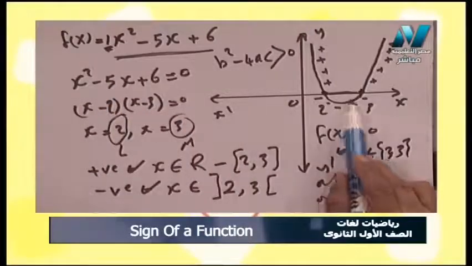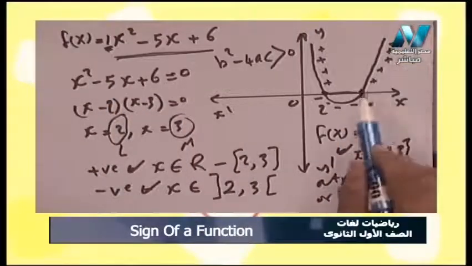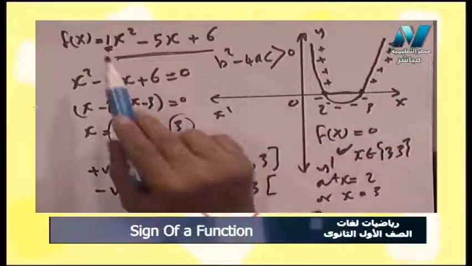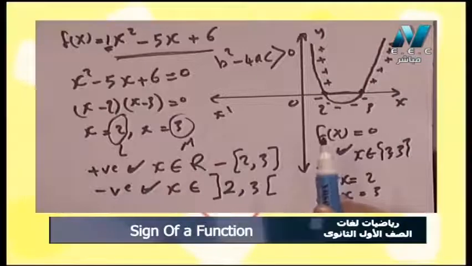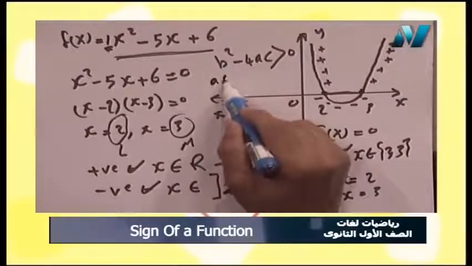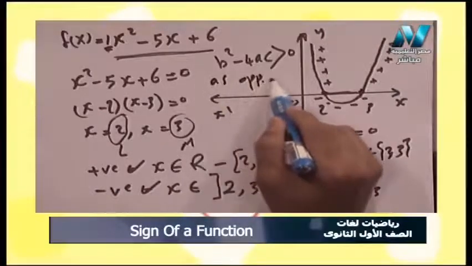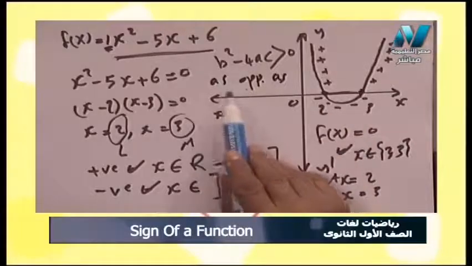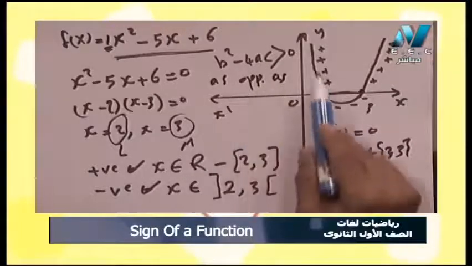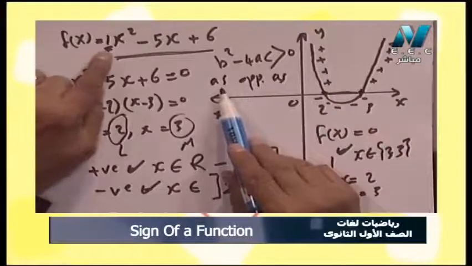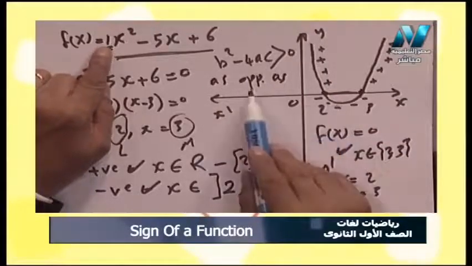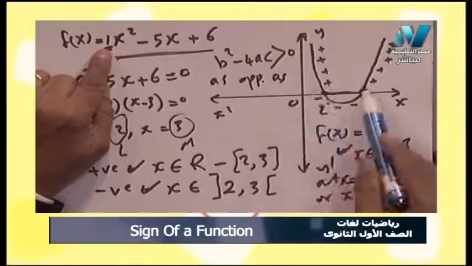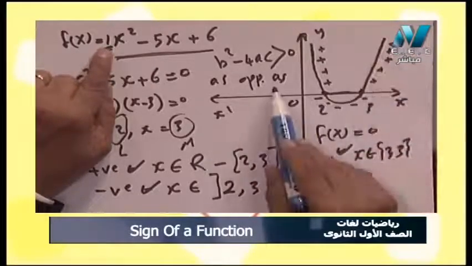It's opposite. And this part will be as the coefficient of x power 2. So we can say: as, opposite, and as. This part is as the coefficient of x power 2. This part is opposite to the coefficient of x power 2. This part is as the coefficient of x power 2.